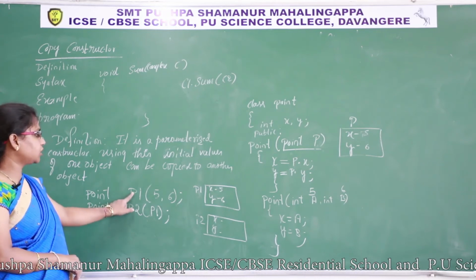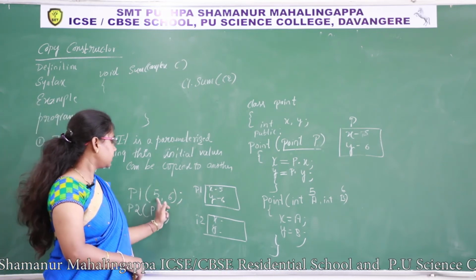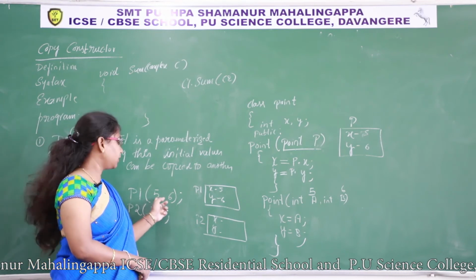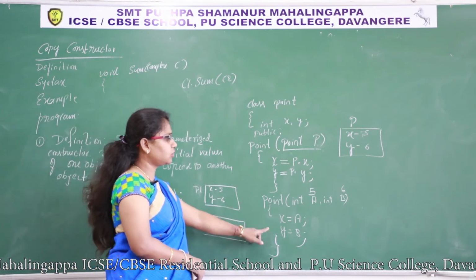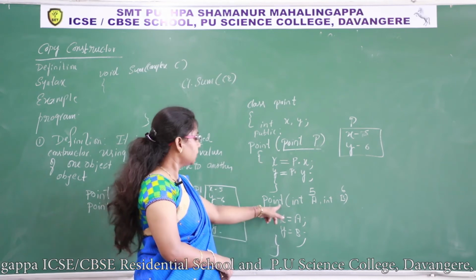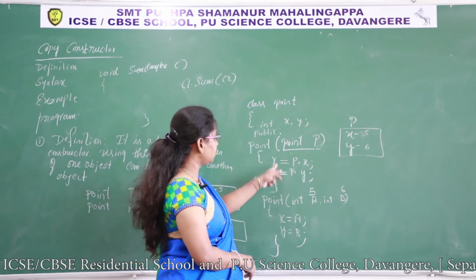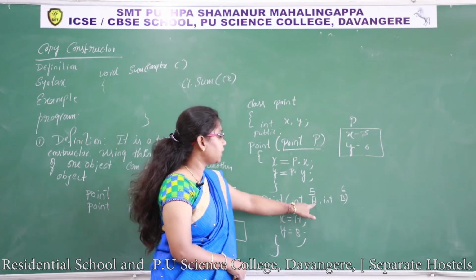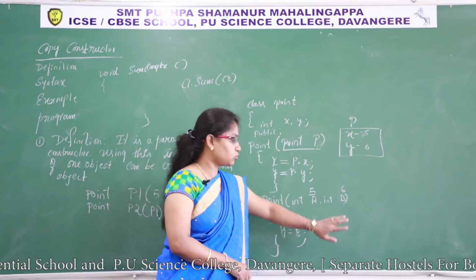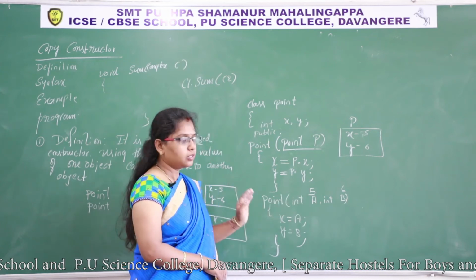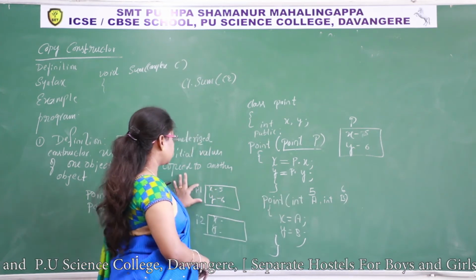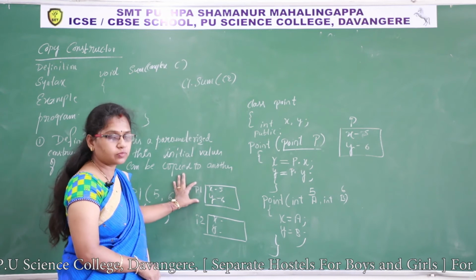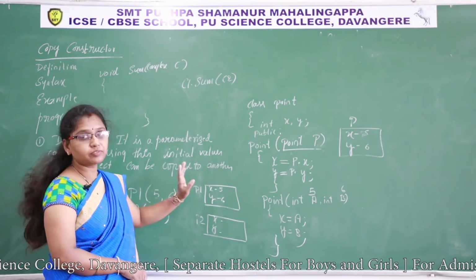I have created object p1 and I am passing arguments 5 and 6. There is a matching constructor in the class. Its name is Point, the constructor name is the same as the class name. int a, b: 5 goes to a and 6 goes to b. So this constructor will execute, and finally this object will be initialized with the help of that constructor.